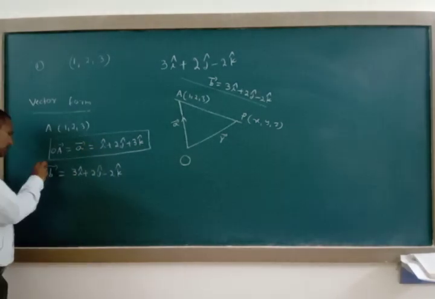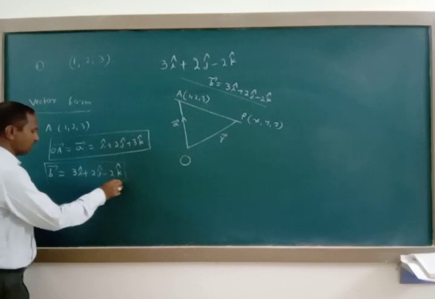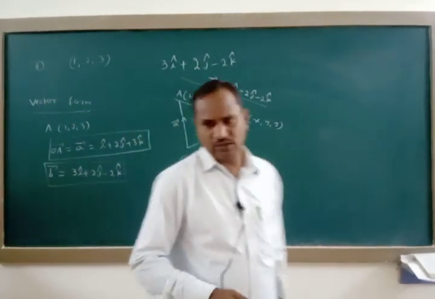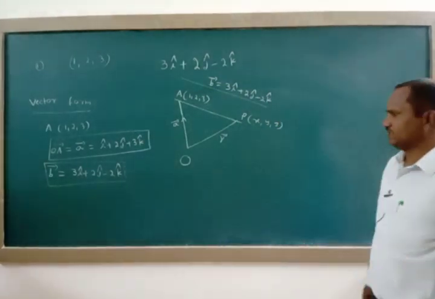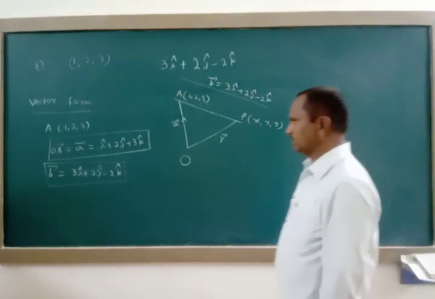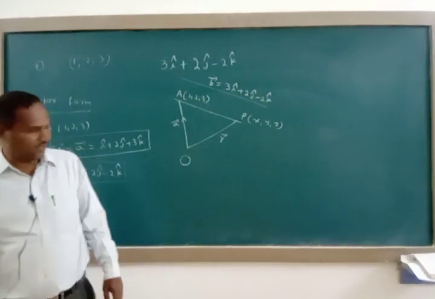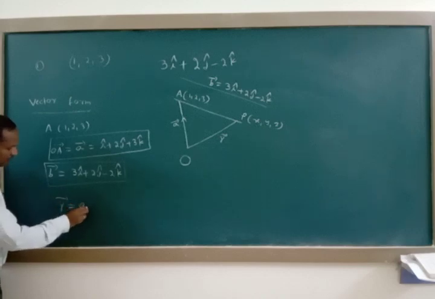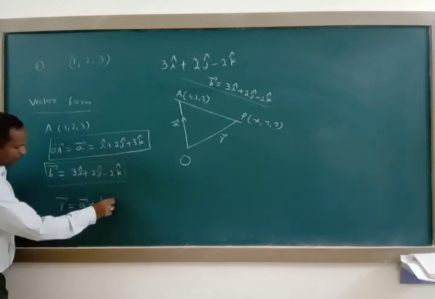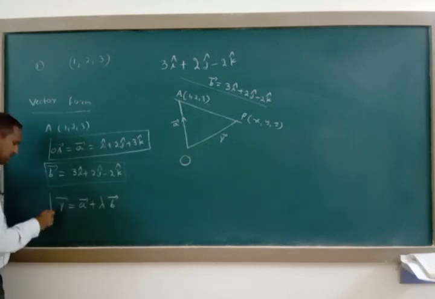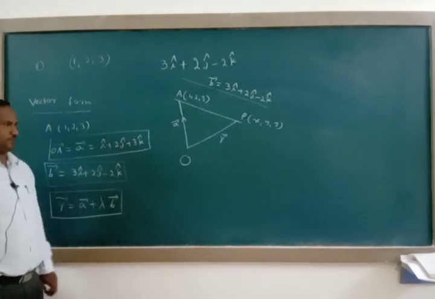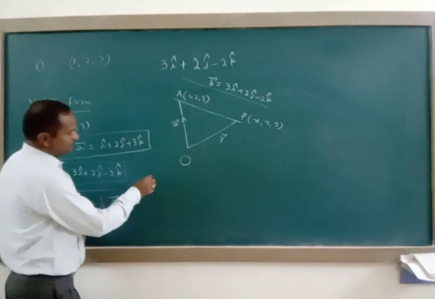Then we have to apply the vector form of the equation of a straight line. Last class I told a theorem: a line passing through a point and parallel to a vector is given, in vector form, by OR vector equals A vector plus lambda into B vector, where lambda is a real constant. In this formula, you substitute these two vectors.